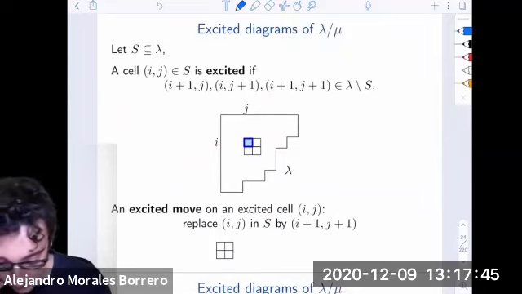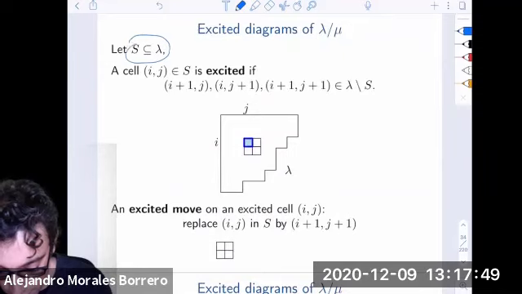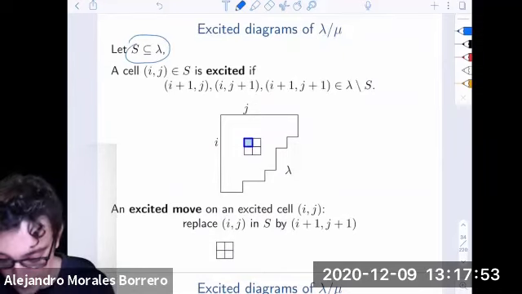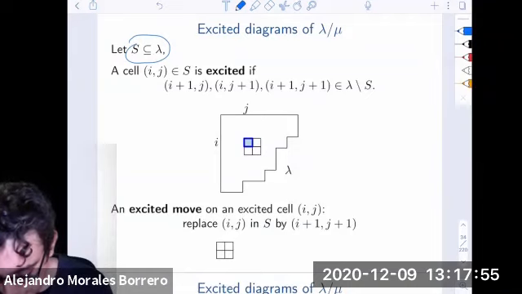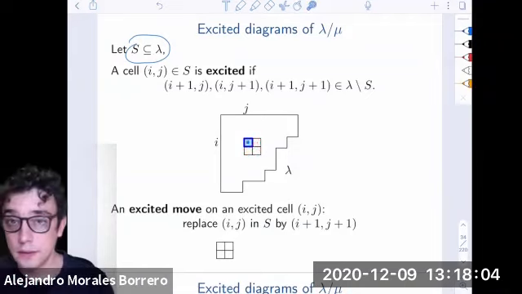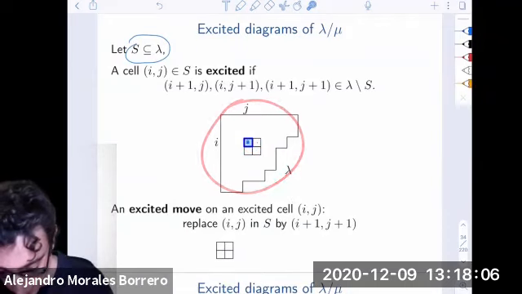Okay, so an excited diagram is the following. You have a subset S of the cells of lambda, and we say that an element in S is excited if the cells to the right, below, and diagonally below are all empty, and it's still in lambda.